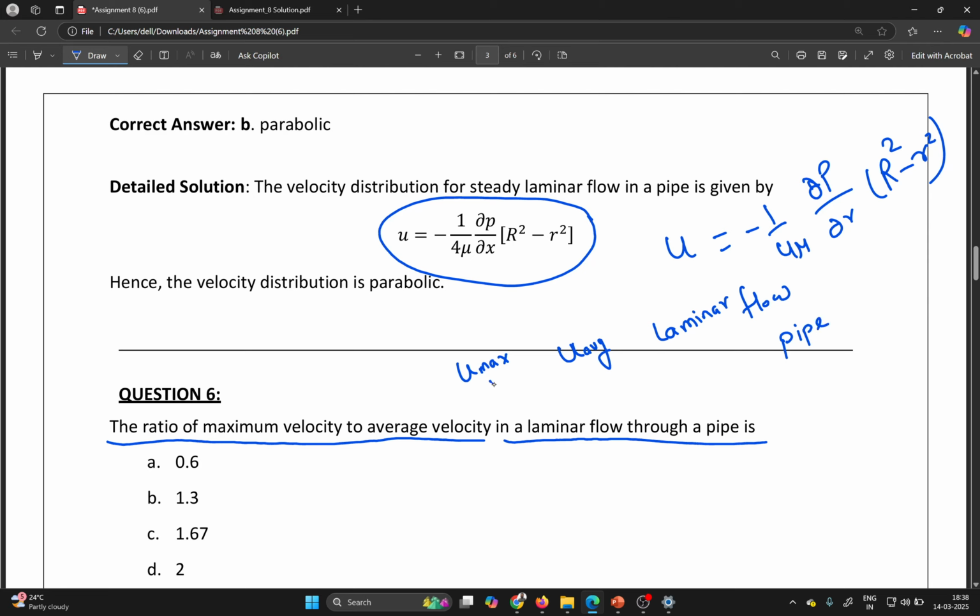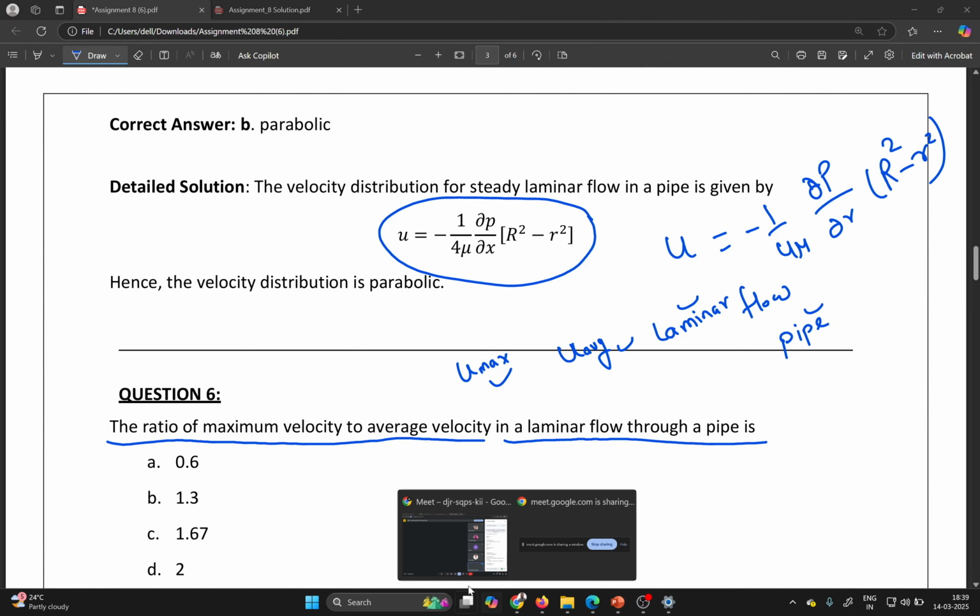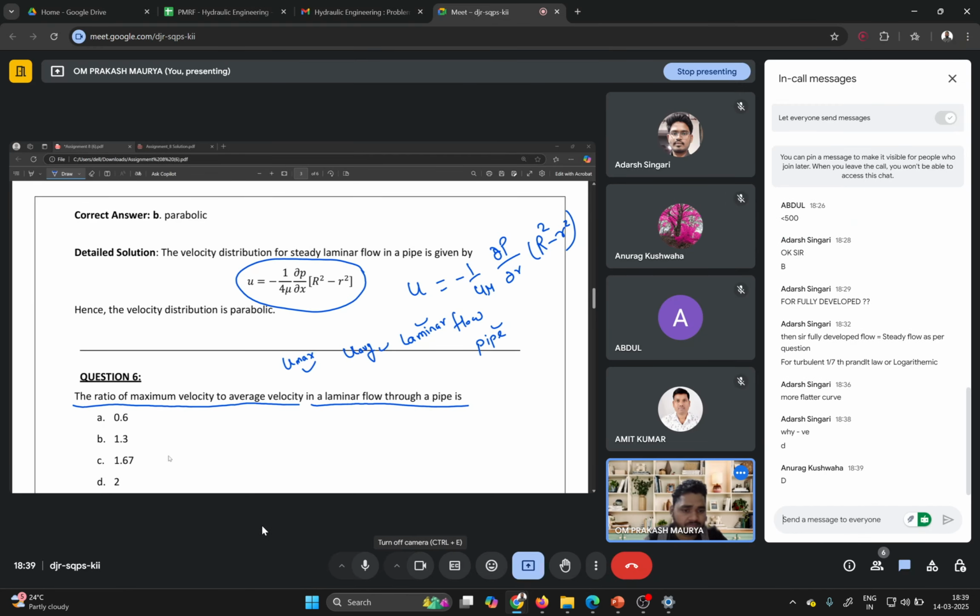Four things are given here. Please try to give your answer for this question. Pipe means a circular pipe, remember.